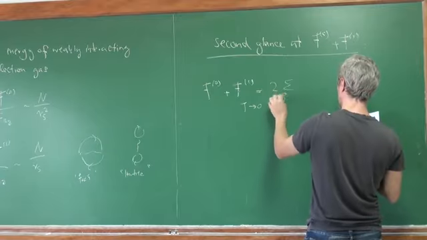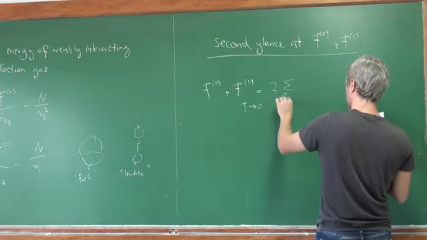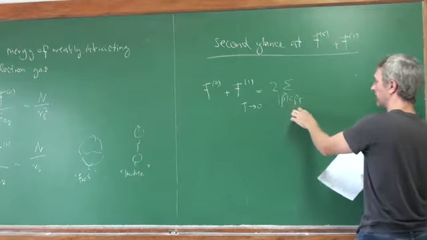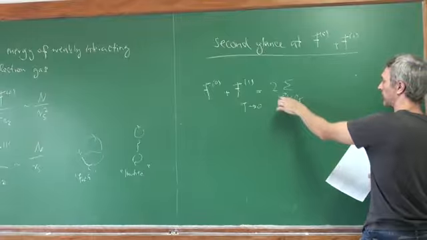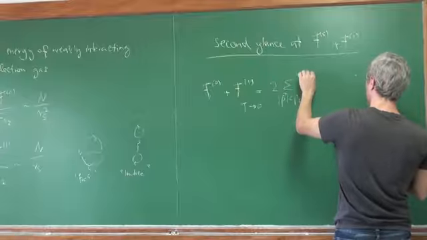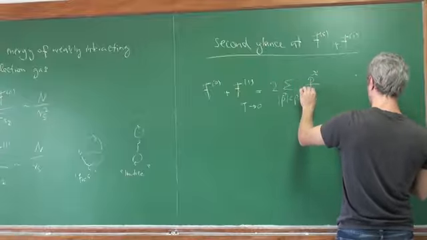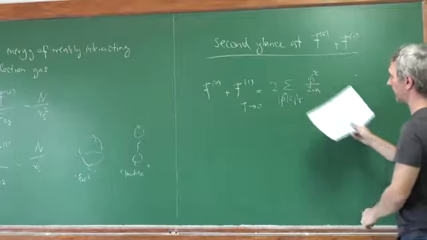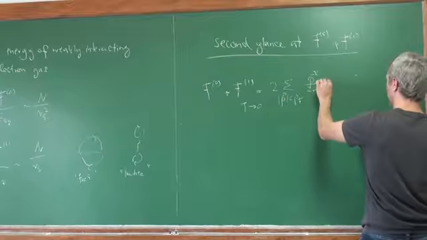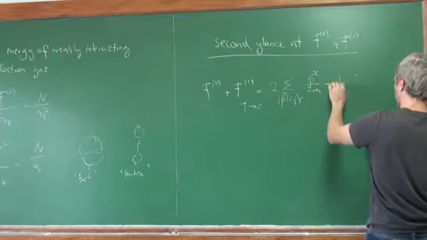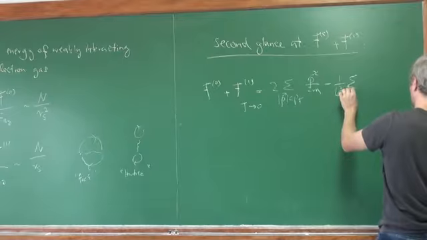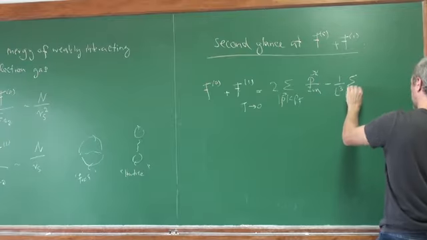In the zero temperature limit, the Fermi distributions appearing everywhere just become theta functions. So we sum over momentum smaller than the Fermi momentum, the 2 is due to spin summation. Then we have the p squared over 2m from the non-interacting electron contribution, and the first order correction from perturbation theory we can include in the following way.